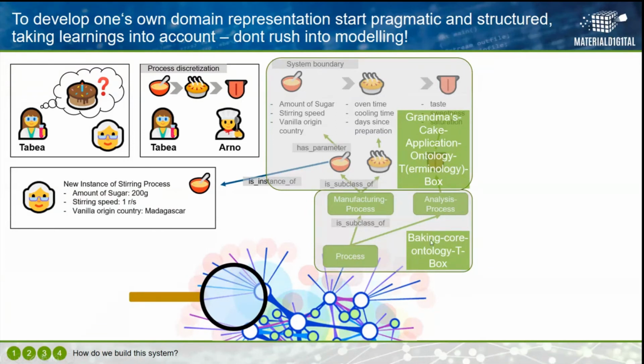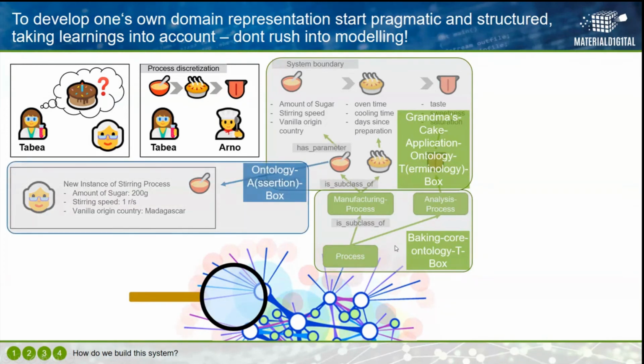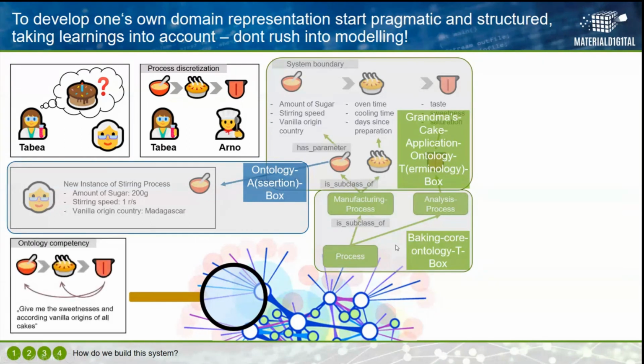This would be the general baking core ontology, because here we have processes which are reoccurring over different cakes, okay? And this here would be the so-called A-box, where you make assertions based on the terminology that you introduced in the T-box.